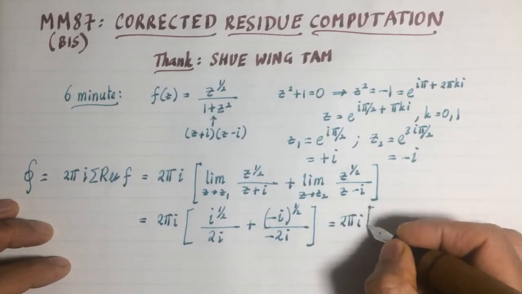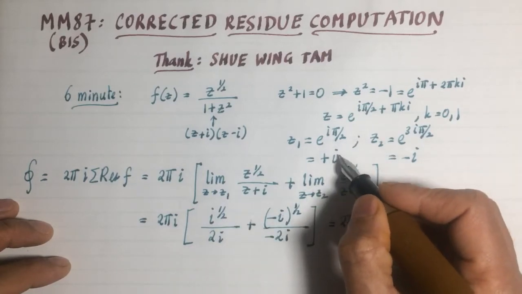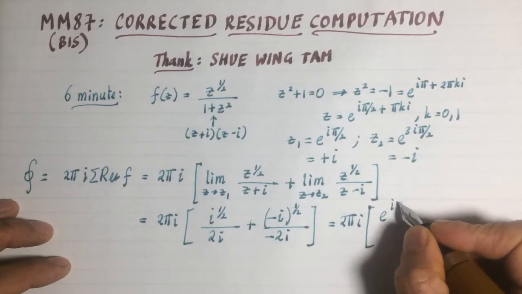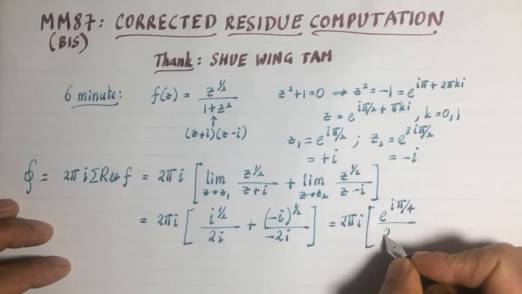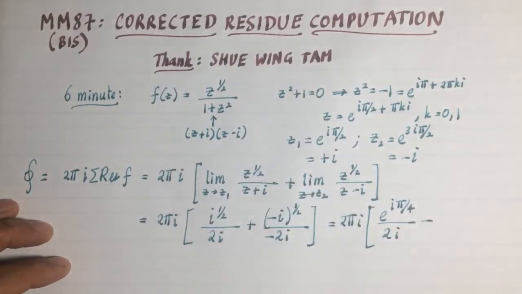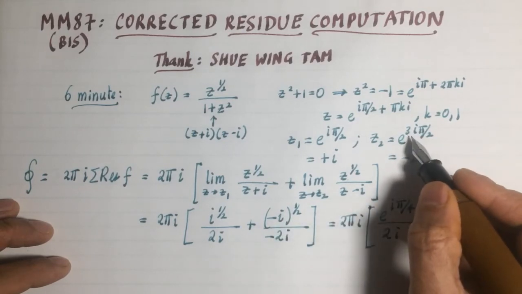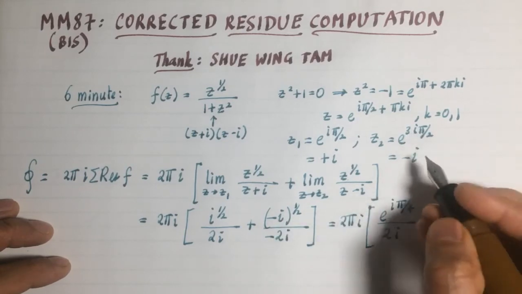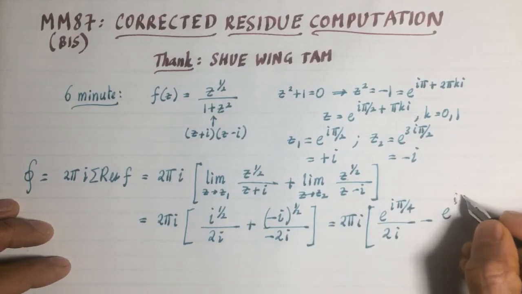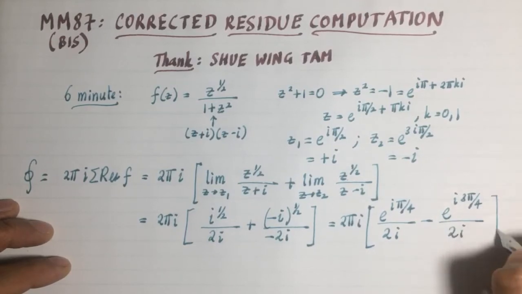So now, without making any mistakes, i to the half is going to be the square root of that. So that's e to the i pi by 4 divided by 2i. And there's a minus sign that goes here, as Shu Wing correctly pointed out. Minus i, however, is written as e to the 3i pi by 2, and that, if I take the square root, becomes e to the i 3 pi by 4 over 2i.